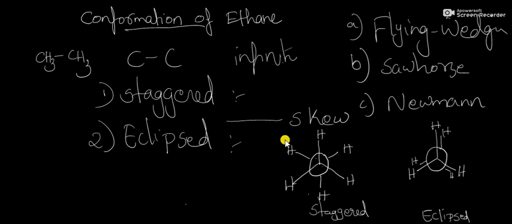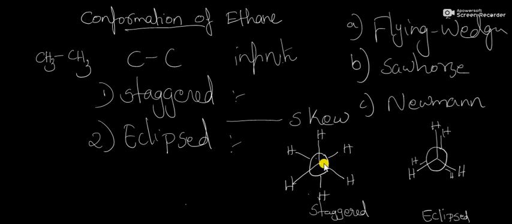Next is Newman projection formula. This is staggered conformation of ethane and this is eclipsed conformation of ethane in Newman projection formula. In Newman projections, the molecule is viewed along the bond joining two carbon atoms.